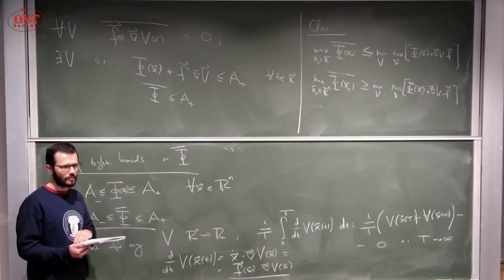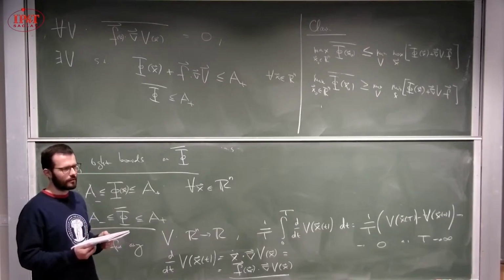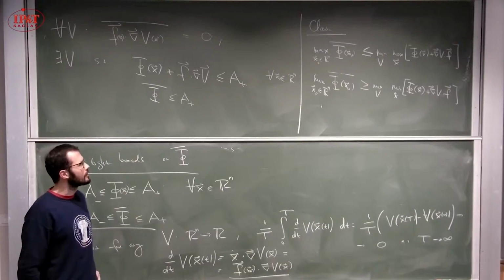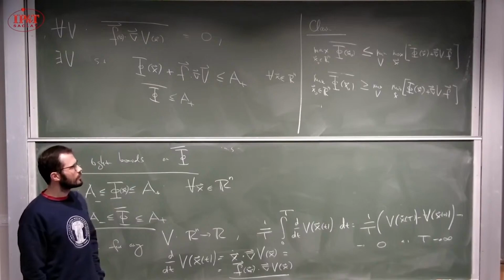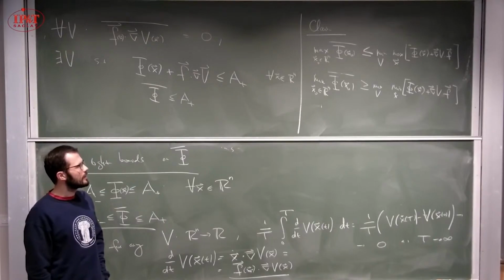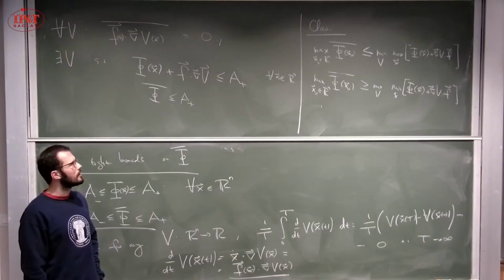Sorry, maybe it's a stupid question, but is there an equivalent for a discrete time map? I would imagine it should still be the case. I guess you can replace the time derivative by a discrete time derivative.